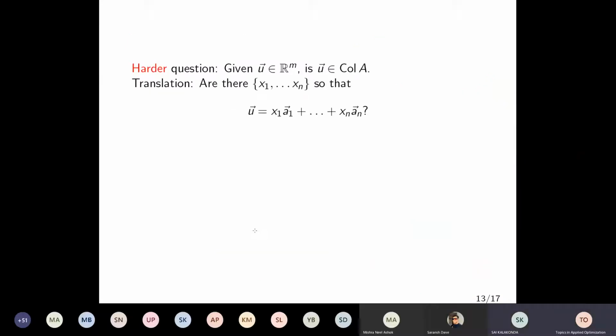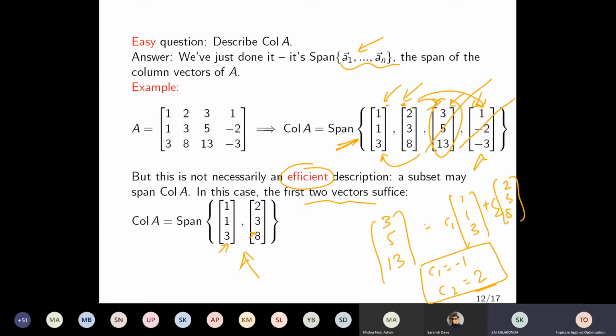Sir, now this span has a basis, right? Yes, in this case, these two will become a basis, because this is the maximal set that spans this. So it turns out that the column space of A is two-dimensional.